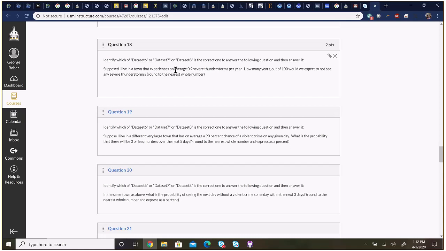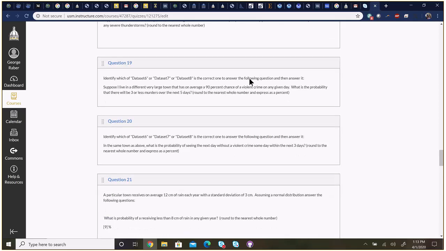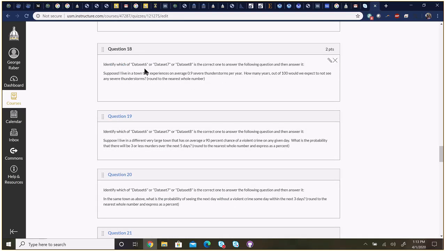So maybe I could change the way I asked that for the next time I give a test like this. But I did try to go back and correct grading. So what I did was, if you answered with the correct data set but still didn't give the answer, then I gave you partial credit for the question.